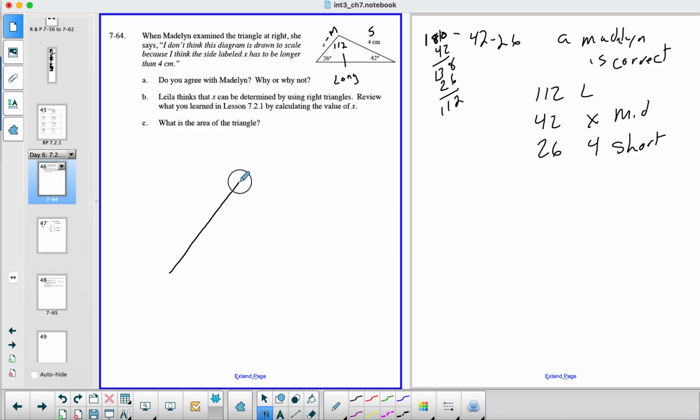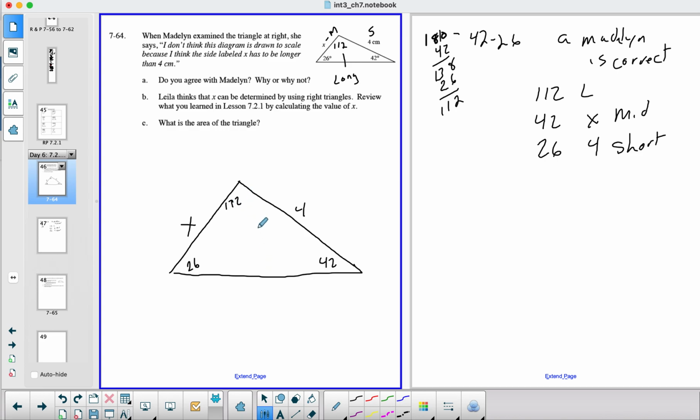We have 42, 4, X, 26. And we made this 112.